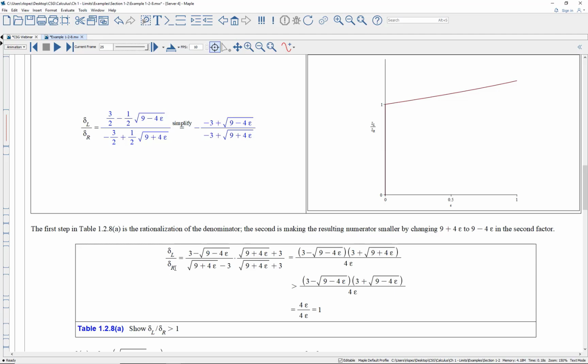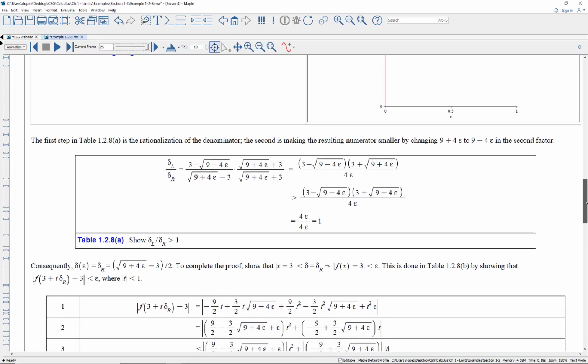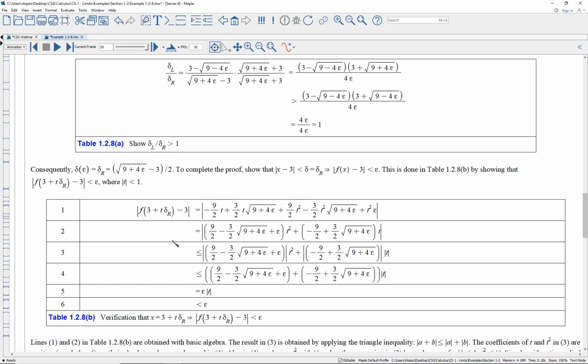I put delta L over delta R, and if I can show that that ratio is greater than 1, then delta R is the smaller one. You want to use delta R in your estimates, and here I'm showing that the function value compared to 3, absolute value, and in order to sweep the region from 3 minus delta R to 3 plus delta R, I put a multiplier t where the absolute value of t is less than 1.